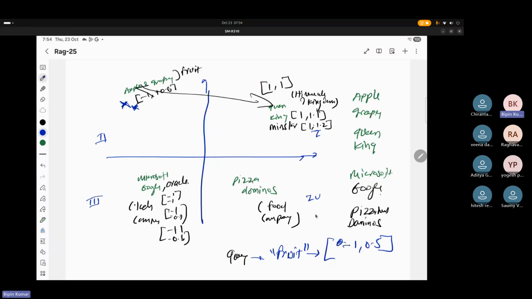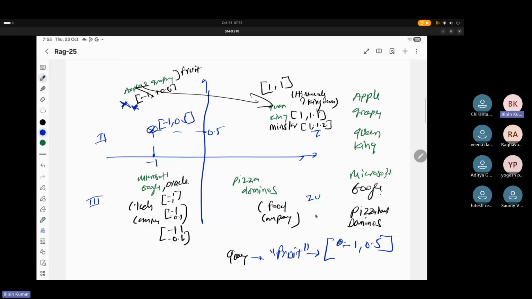If you plot it, this is minus 1 and this is 0.5. So this will be the fruit embedding. Okay, minus 1 comma 0.5, right?